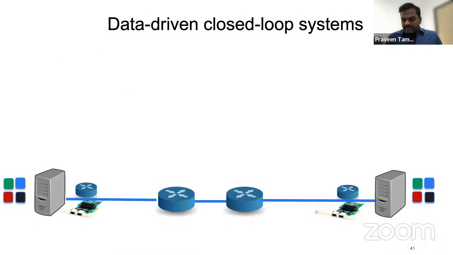Leveraging the programmable data plane features, there have been many works built on the idea of data-driven closed-loop systems, where the main objective is to improve performance and latency by leveraging programmable data planes.